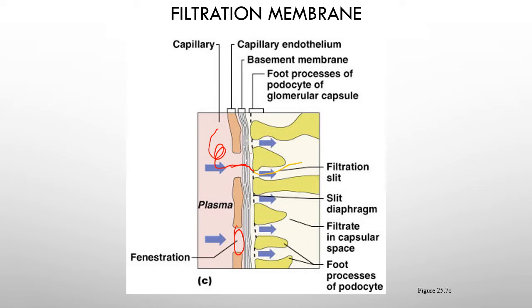So we're going to make sure that, oops, wrong color, we're going to make sure that red blood cells aren't going to make it through there. They're going to be too big to make it through the spaces that are there. We're going to have our white blood cells, a lymphocyte there.